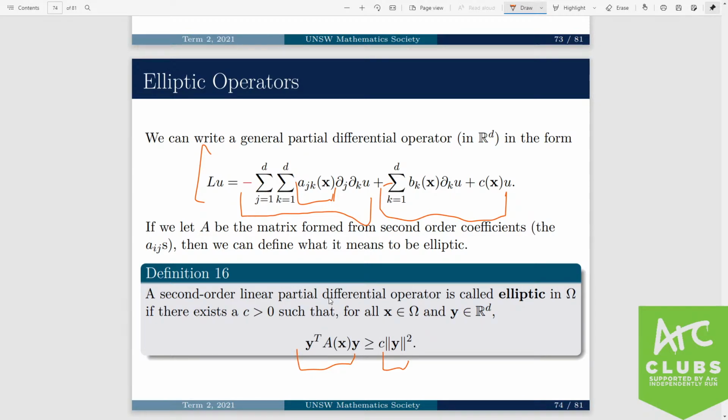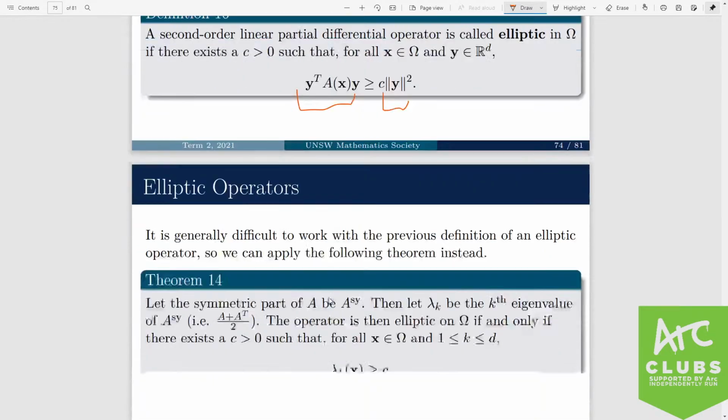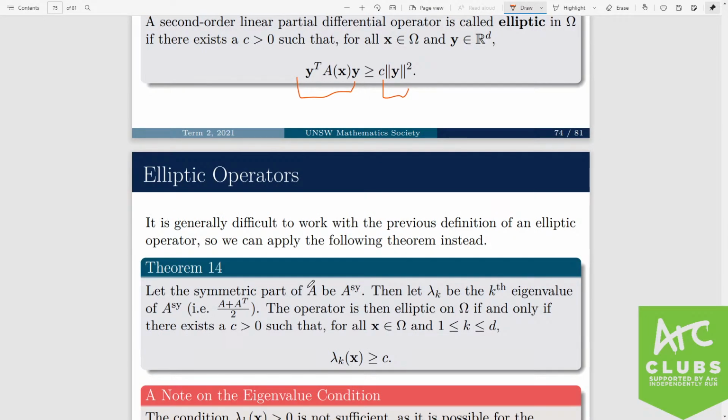And this is a bit of a random property, but we have a theorem that can show whether an operator is elliptic or not.